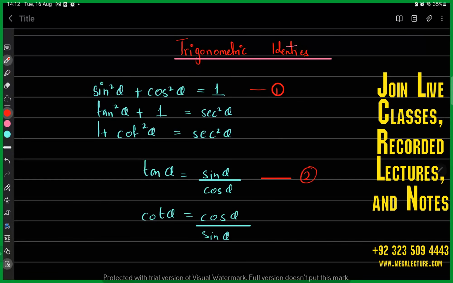Okay, this one and this one, they are important, but for A2, not for you guys. Okay, now think about these two identities only, 1 and 2, and you guys would be able to simplify whatever identity you come across. Obviously you would have to spend some time initially to think about that logically, but let's see. Okay, so this is the first one and this is the second one.